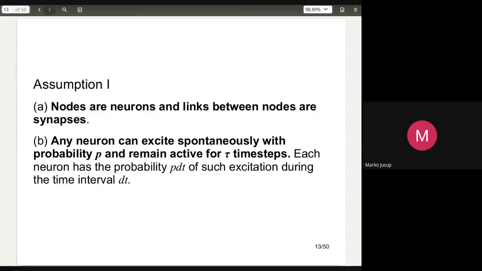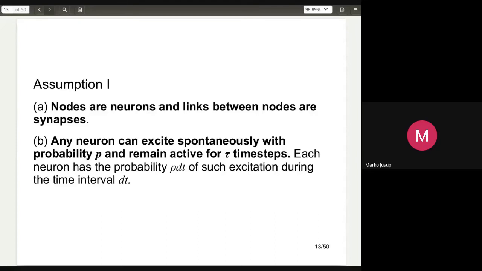It does that with probability rate P, so in a time interval delta T, it will jump from inactive to active state with probability P delta T, and it will remain in that state for some time. So these are very simple assumptions. There isn't much to it. Basically, the assumptions are very generic.